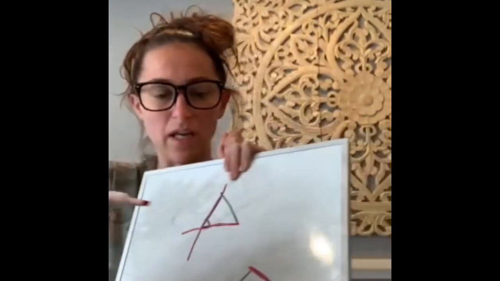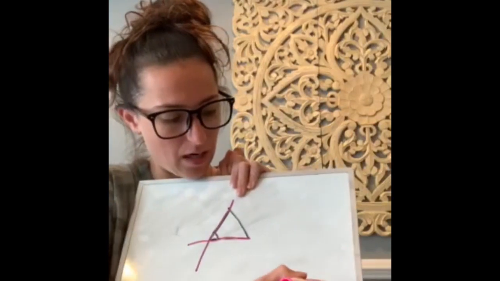It's hard to draw shapes freehand. These lines right here are intersecting lines because they do not form a 90-degree angle, so they're intersecting.